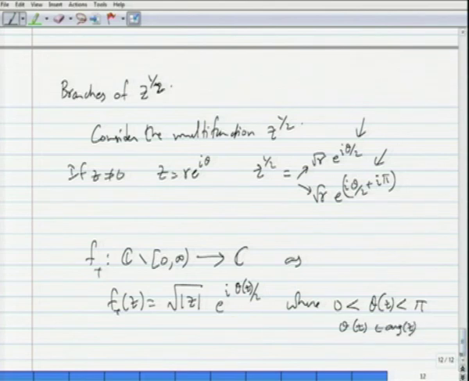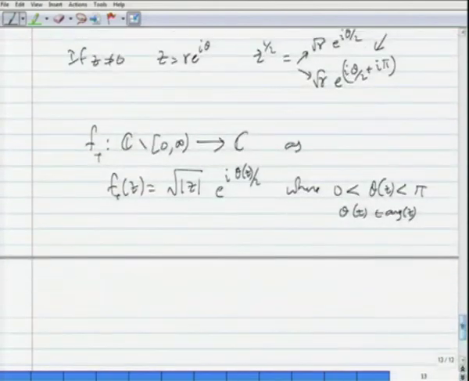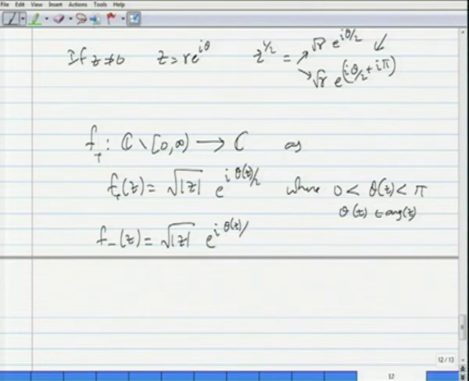And you can define a second function f minus of z likewise, which is the square root of modulus of z e power i theta of z by 2, where you restrict theta now to be between pi and 2 pi, and theta of z belongs to argument of z.